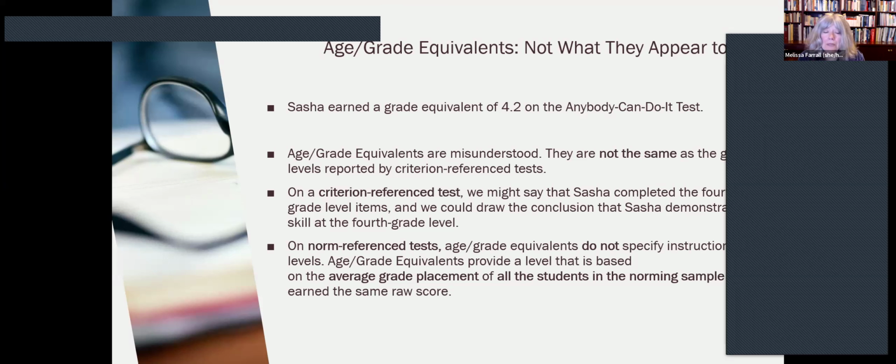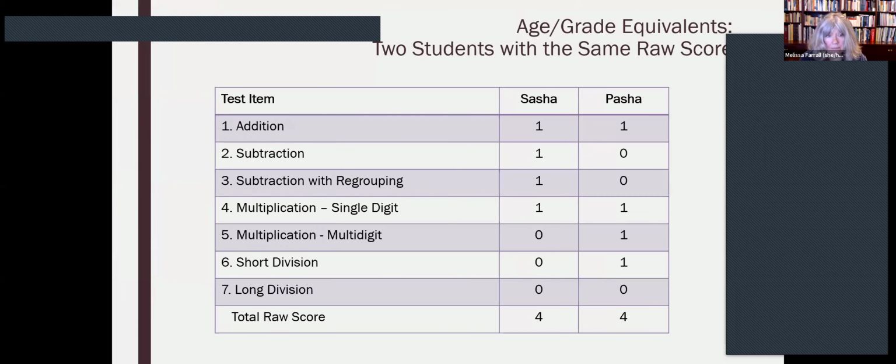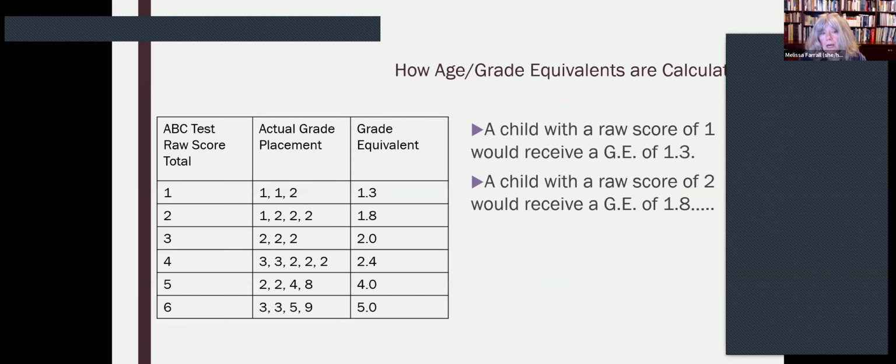I will say, I just feel the need to say, if you look at the protocols for the Woodcock-Johnson tests of achievement, for each subtest, they will give you the grade equivalents, right? And I've never understood why they do that.